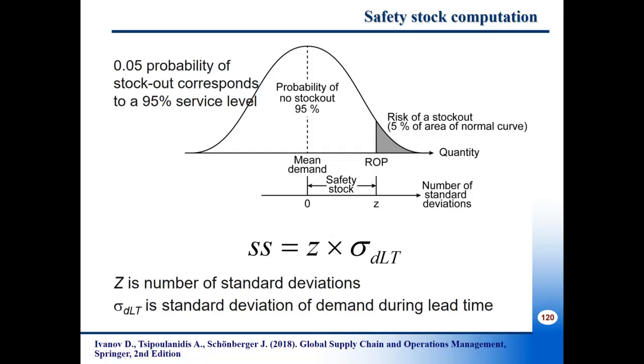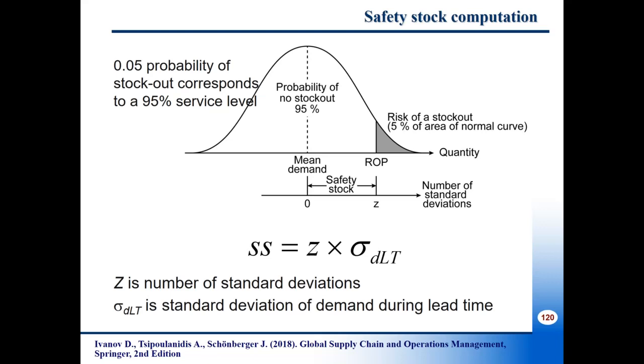Now let's see the bell curve figure. For example, in this bell curve figure, 0.05 probability of stock out corresponds to a 95% service level. In a situation of demand uncertainty, safety inventory is introduced.